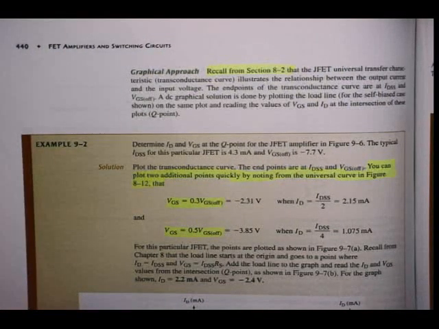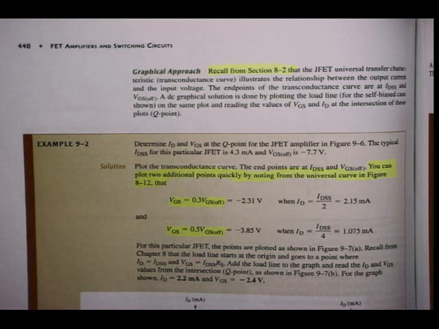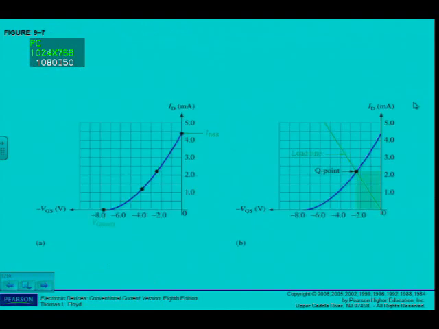Recall from section 8.2 that the JFET universal transfer characteristic curve illustrates the relationship between the output current and the input voltage. The endpoints of the transconductance curves are at IDSS and VGS off, and a DC graphical solution is done by plotting the load line for the self bias case as shown. Remember, as we've done as well.